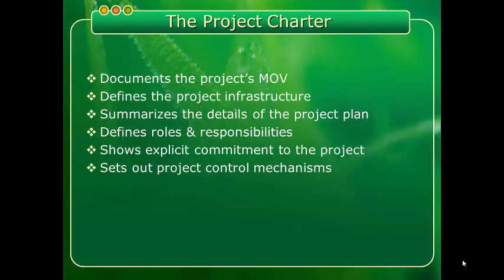Then define the project infrastructure. What are the flows? What are the aspects? What is involved in our project? Then summarizes the details of the project plan. So as much as possible, let's try to have all the information in our project plan.